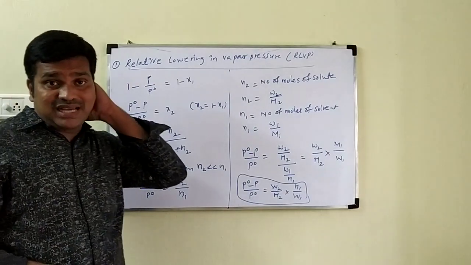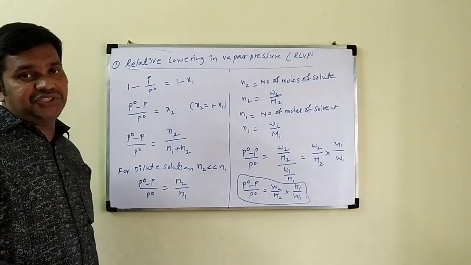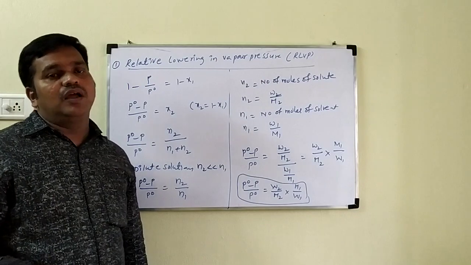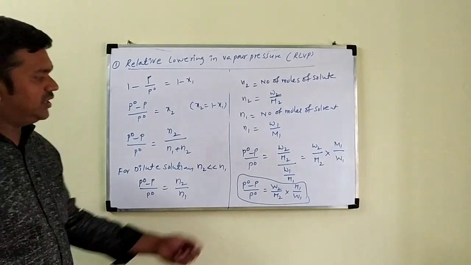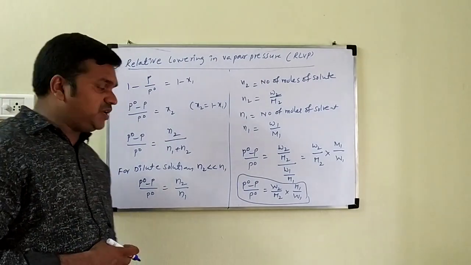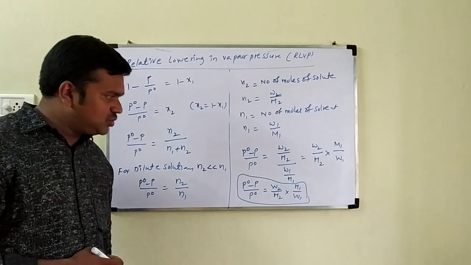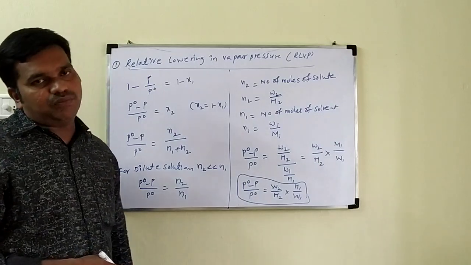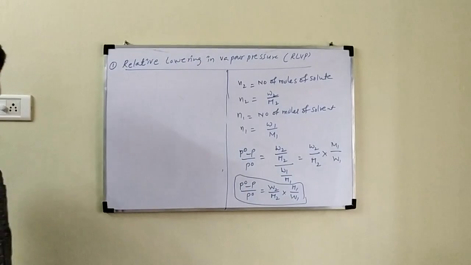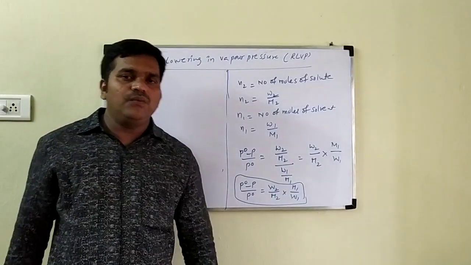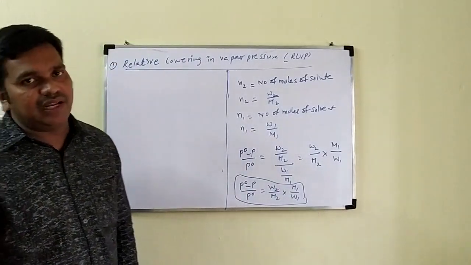Maximum in this case they give the information and they are asking what is the molar mass of the solute. What is the final formula you got? P naught minus P by P naught is equal to W2 by M2 into what? M1 by W1.